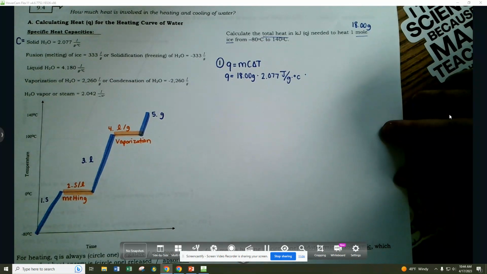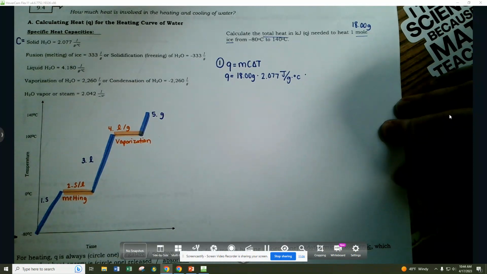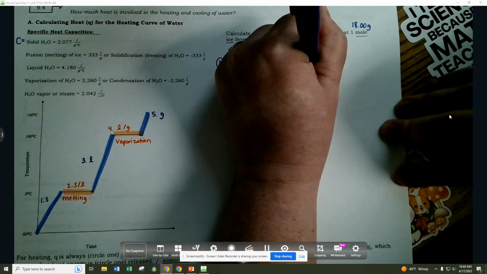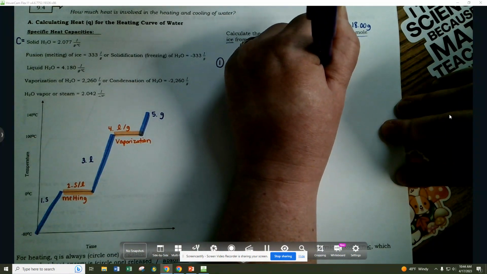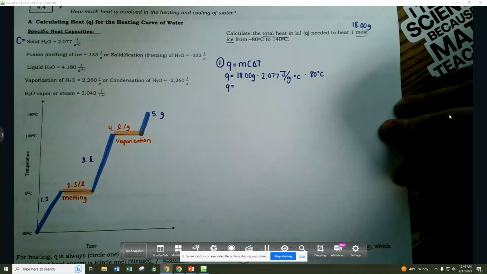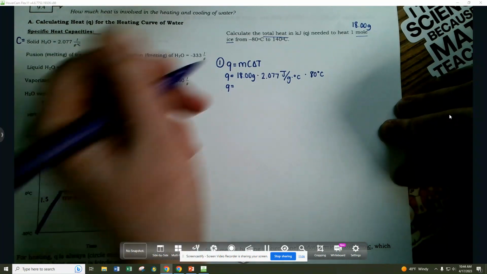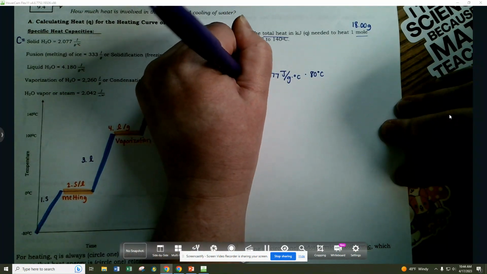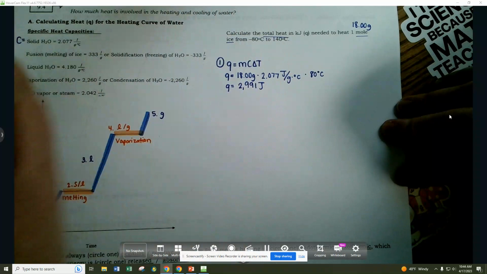It's final minus initial. Well, if our final temperature for this segment was 0 and it started at negative 80, that means we're taking 0 minus negative 80. Therefore, the temperature change for segment 1 is 80 degrees Celsius. What I'm going to have you do here is just round to whole numbers to make things easier. So I got 2,991 joules when I crunched that through.